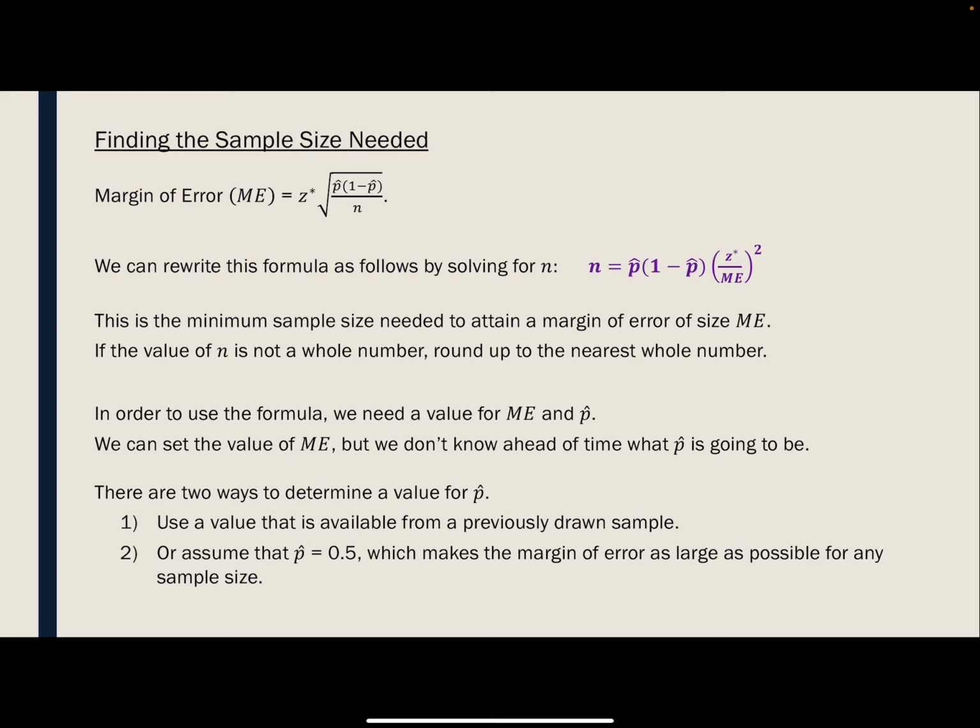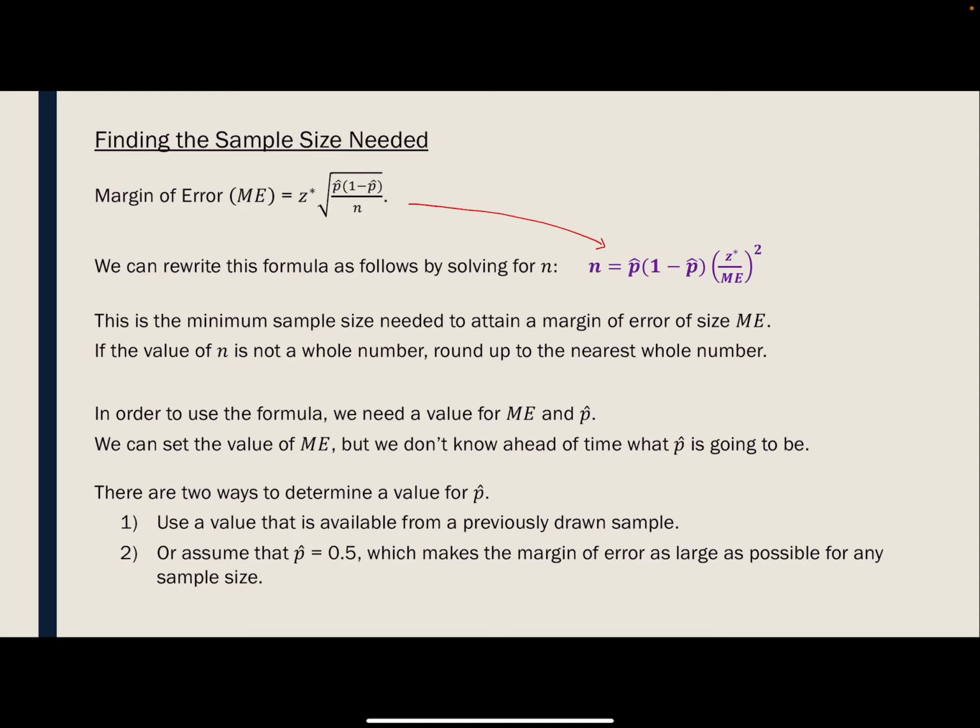If you are a math major, I would really like it if you would take the time to take this formula and solve for n and show that when you solve for n, you get this. If you're not a math major, please don't take the time to do that. It's just algebra, and only math majors would find it really fun.